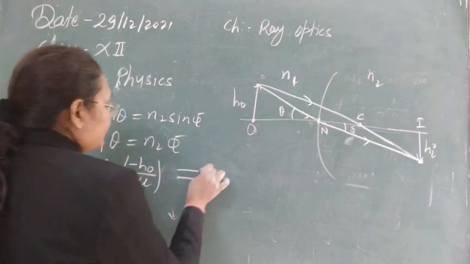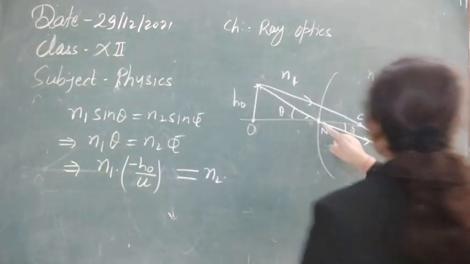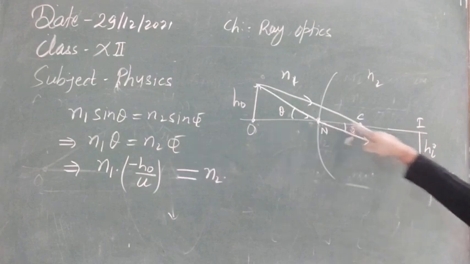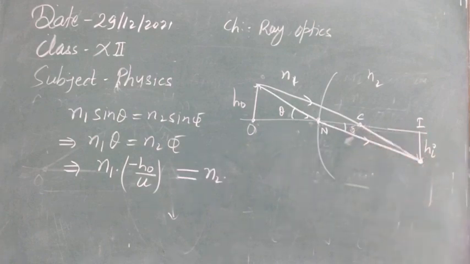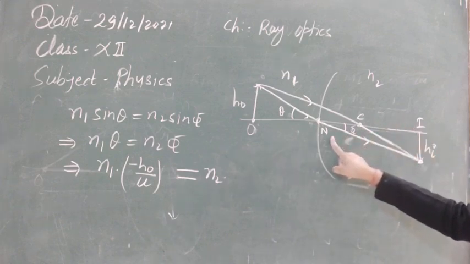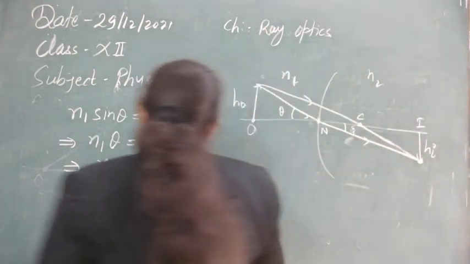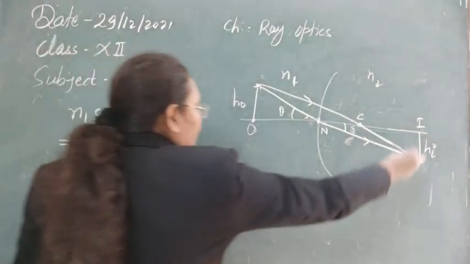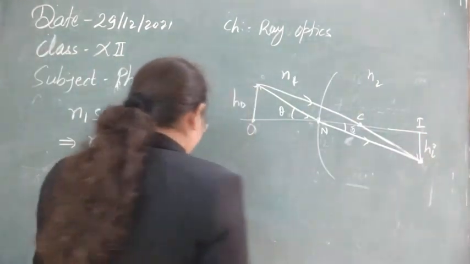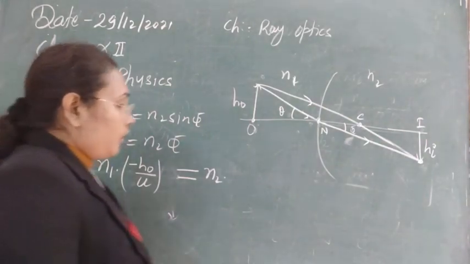Now on the right side, that is again tan phi. So you can take this triangle now here. In this triangle, tan phi will be perpendicular upon base. Again the perpendicular is HI, and the base we have is obviously NI, that is the image distance. The image distance is on the right side, so that will be positive, but you can see this HI is inverted, in the negative y direction or downward direction.